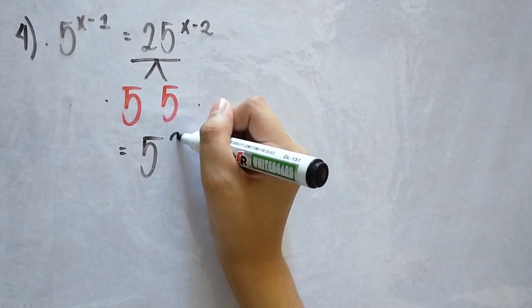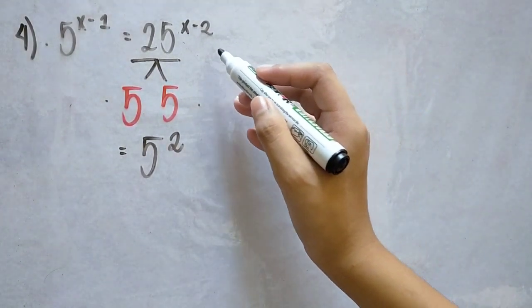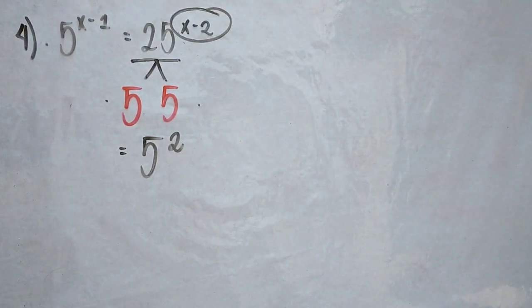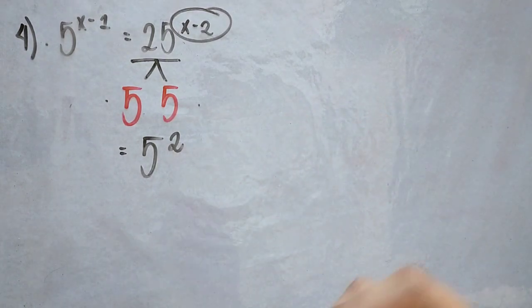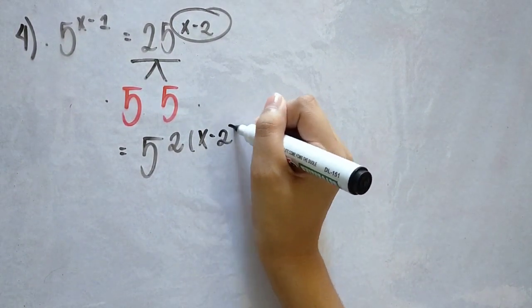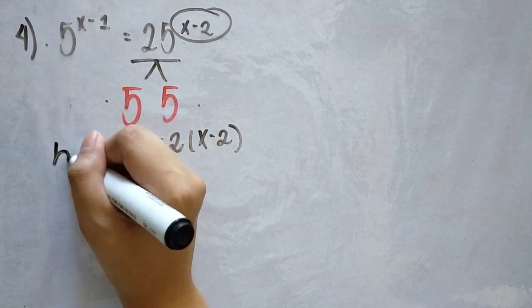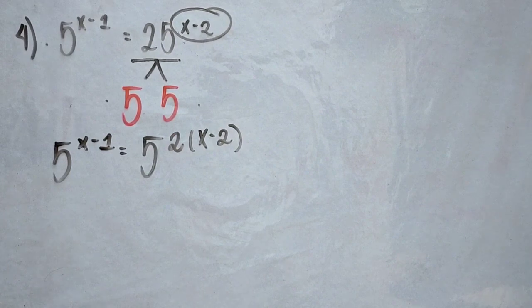So, yun yung magiging power natin. Ngayon, what do you think will happen sa kasama ng 25? Since kasama yan ang solution at syempre hindi tayo magtatanggal dito ng basta-basta, ipapasok natin siya sa open-close parenthesis. Ngayon, same na sila. Copy na lang natin to para maging maayos yung solution.